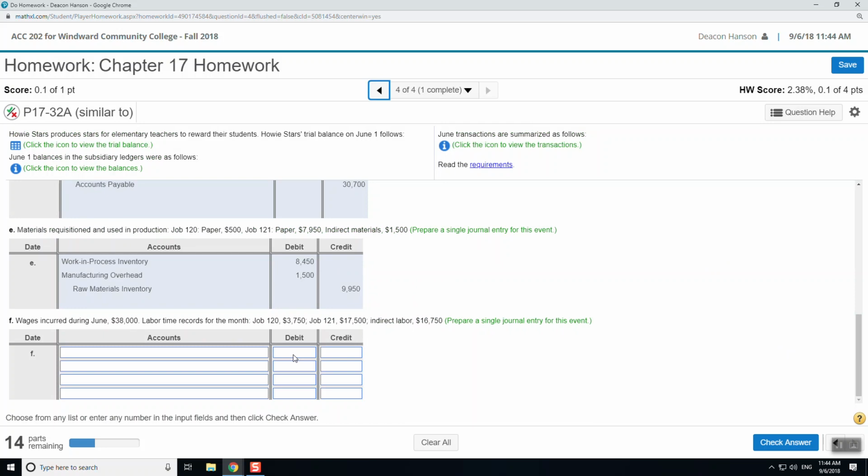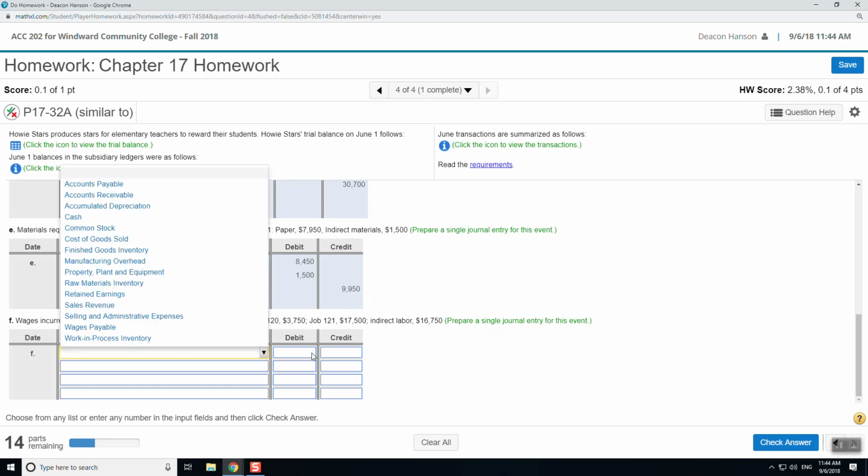And it's a little easier to track because a lot of people will be punching in, or they'll punch in a charge code and charge their time to a specific job. Okay? So we got job 120, 3,750, and job 121, 17,500. That's going to end up being our direct labor. So we will put it directly to work in process.